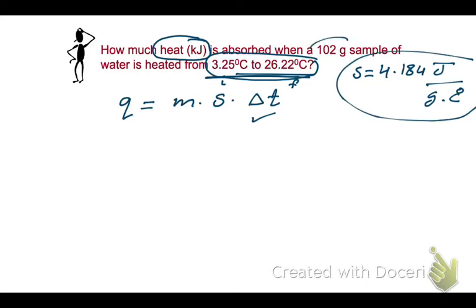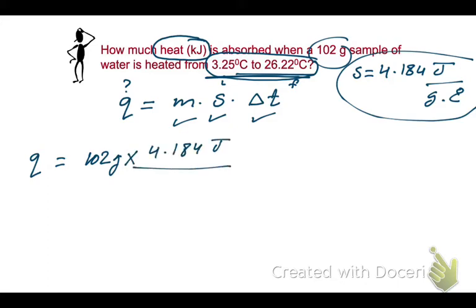And they are already giving you the mass, so I can calculate the heat. Now, let's start the math. The mass is 102 grams multiplied by the specific heat, which is 4.184 joule for every gram every degree Celsius.